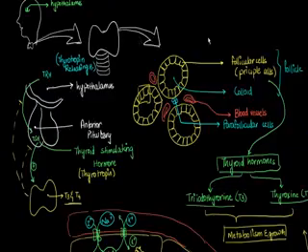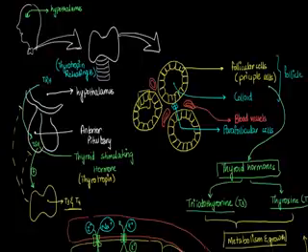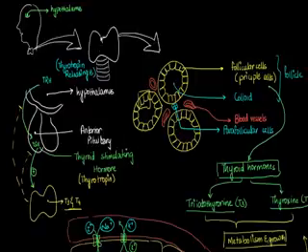Let's just have a very quick look through what we saw. We saw that the thyroid gland is situated in the neck and it sits on top of the trachea and the larynx. And when we zoom into the thyroid gland, we have these follicles which are made up of the follicular cells or the principal cells. These principal cells are responsible for the production of the thyroid hormones, which are of two types, triiodothyronine and thyroxine.